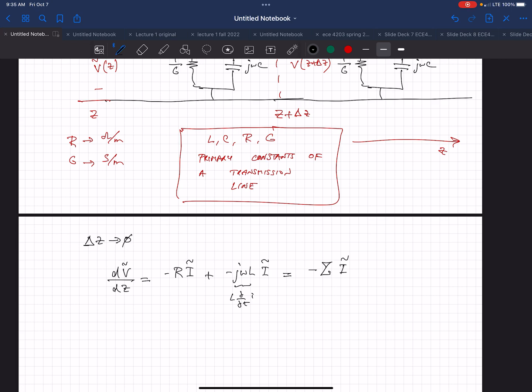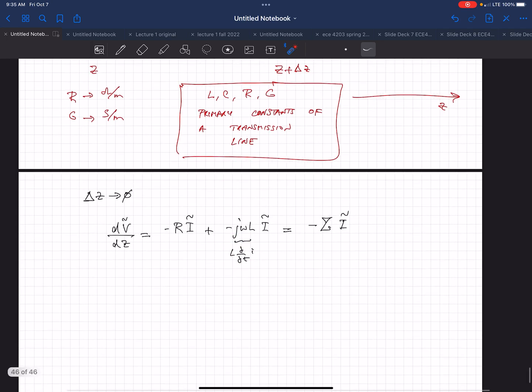Because we're in phasor space, I can just replace that with j omega L. And simultaneously, the current has an equation, looking at each one of these sections, of minus G V hat minus j omega C V hat. I'm going to call that minus Y V hat.